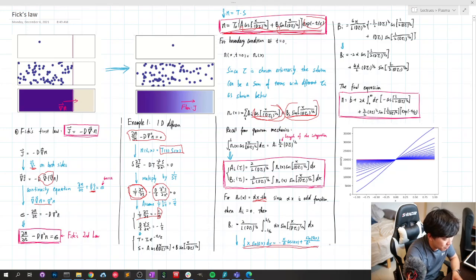I just put it into mathematics, I get this, and then you end up getting B. After tidying it up a little bit, we end up getting B_i with this, from negative L over 2 to L over 2. And then you have tau from 0 to infinity, and you integrate that, and that's a solution of a density propagating through time and space.